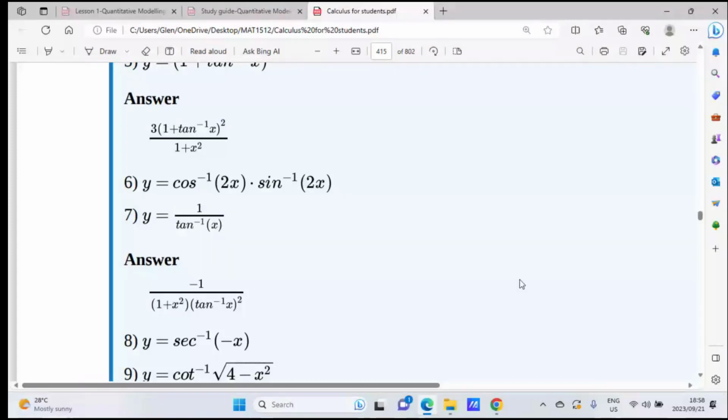So now I saw that in number 8 it's a negative x, so I just put negative on the numerator. I'll check the working, but in number 8 I just saw the answer like that. With the derivative of the inverse of sec negative x, I just put negative using that theorem. So my answer is negative 1 over.